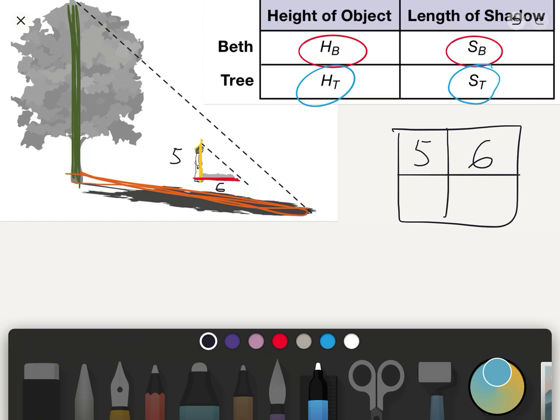And then we know that the length of the tree shadow is 30. Then that gets us the height of the tree as our only missing piece of information.